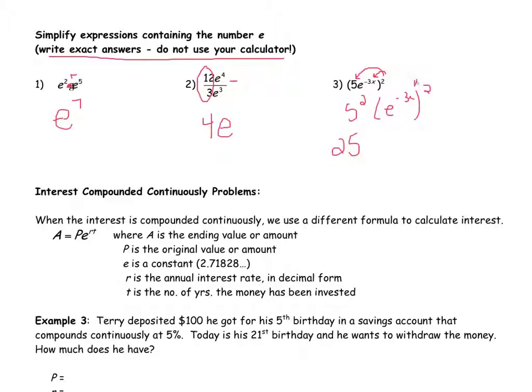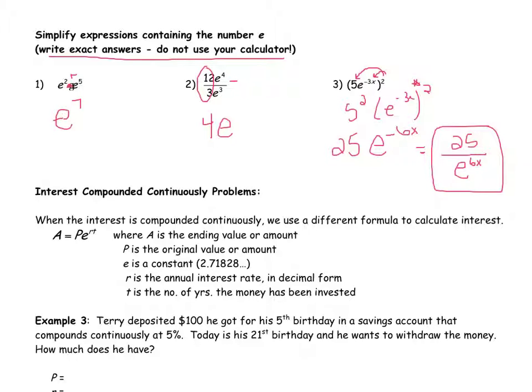Whenever you have a power to a power, you multiply them. So that would be e to the negative 6x. And when you have a negative power, that flips it. So this would be the same thing as 25 on top divided by e to the 6x, because we're flipping that e down to the bottom.